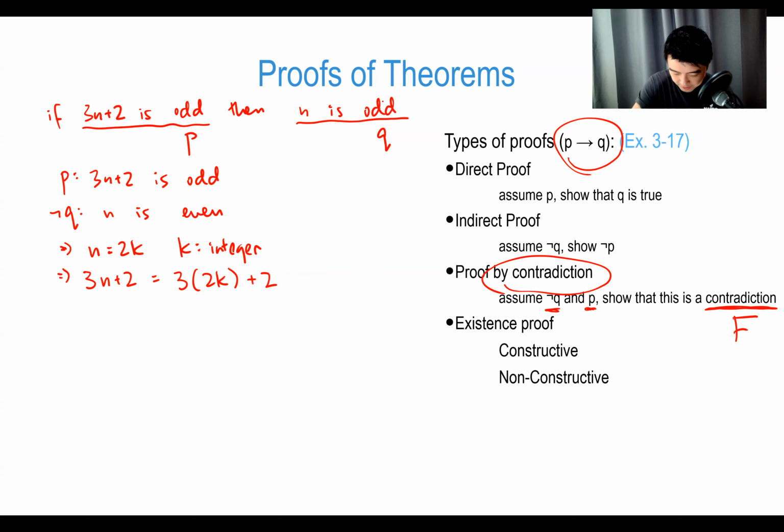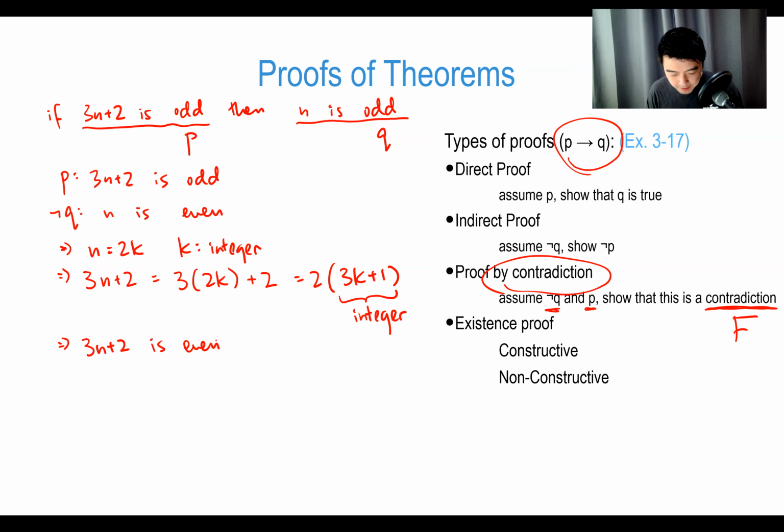This I can write as 2 times (3k plus 1), which we can argue is an integer, so this is the form of an even number. So we can conclude that 3n plus 2 is even.